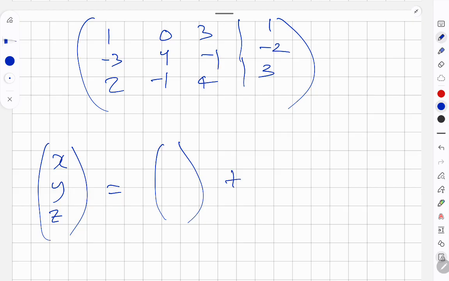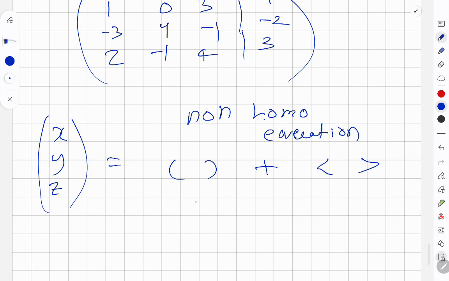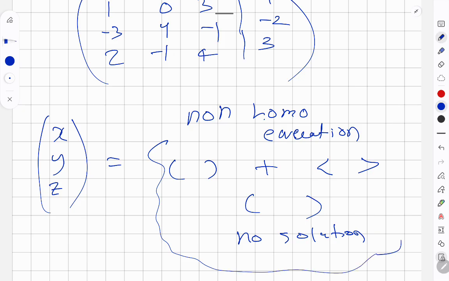It is a non-homogeneous equation. You might get a particular solution and a general solution, or you might get just one particular solution or no solution. So there are 3 cases. It could be any of these 3. You have to solve it.